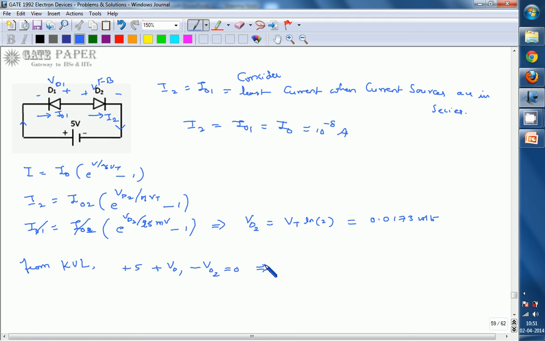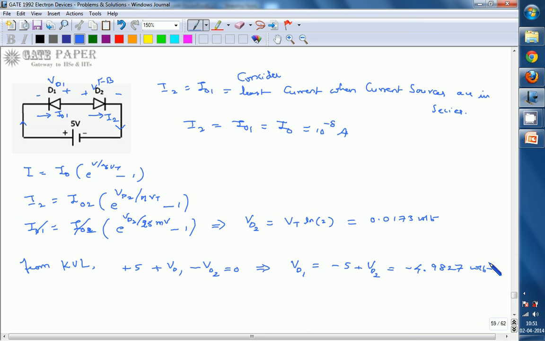From this, Vd1 is equal to minus 5 plus Vd2, which is minus 4.9827 volts.